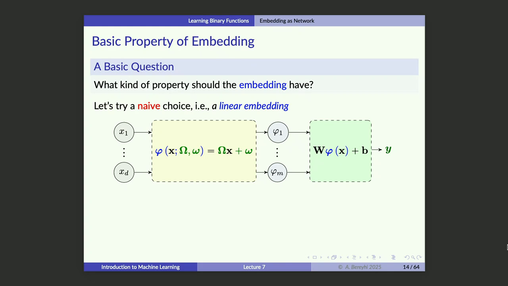How many columns does it have? The number of columns should be d, right? Because it's going to get multiplied with this vector, right? So here is d. And if I want to compute m different features, how many rows should I have here? M, right? So it's going to be m here. And then I can potentially add some bias.